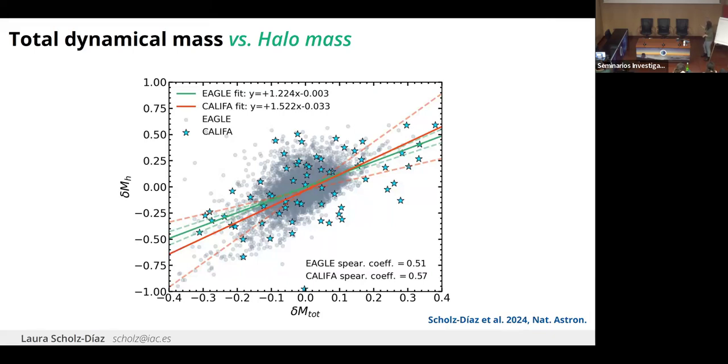We see again how these halo masses and these total masses correlate as well in the simulation. And they also have a very similar behavior in CALIFA and in EAGLE. So in this sense, with total dynamical mass, it seems that we are tracing the behavior of halo mass at these scales.